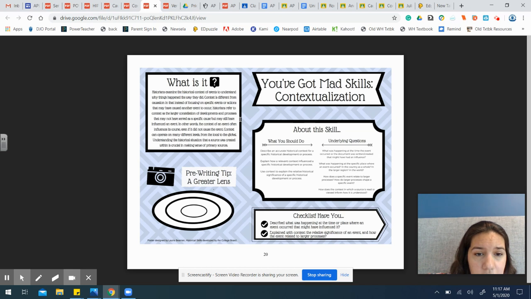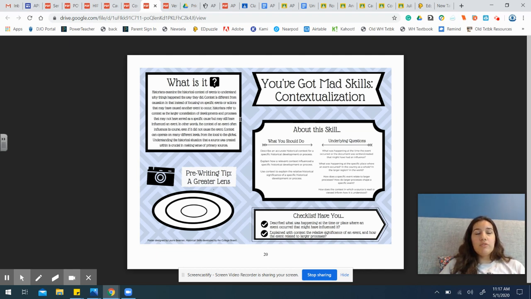In other words, the context of an event often influences its course, even if it did not cause the event. Okay, so for example, you could be talking about the Reformation, right? And you could be talking about the printing press and different things like that.